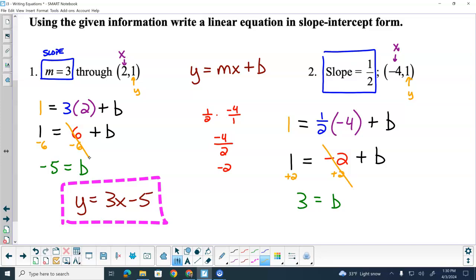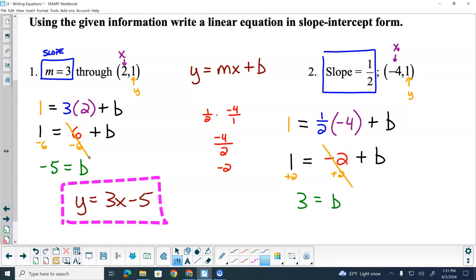Good. Do I have an m? Sure. Do I have a slope? What is it? 1 over 2, 1/2, right?